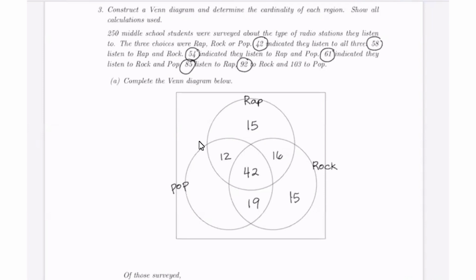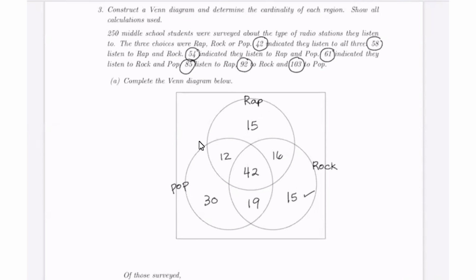No, on rock it's 30, and rock and pop is 15. 30, pop is 15. How about pop? Here is 103. Pop is 30, rock is 15. Is this 15 the same as this 15? Yes, it's the same number.